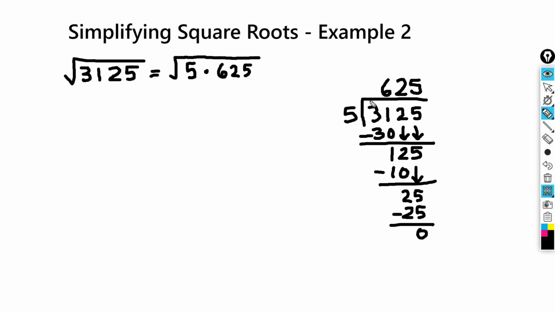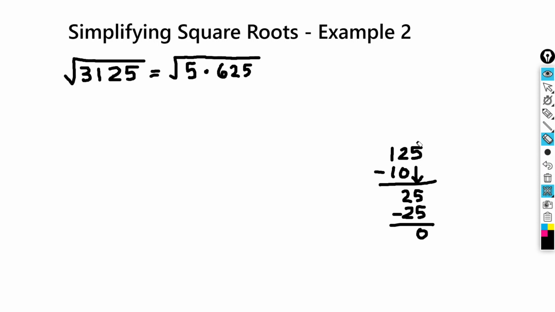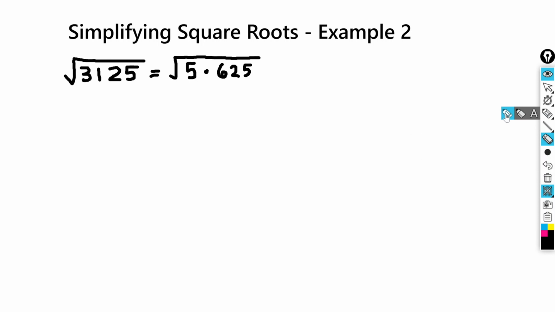Okay, so let's keep going. Let's pretend we didn't know the square root of 625 was 25. So how would we figure this out? I'm going to make room here by getting rid of all this stuff. Well, 625 is divisible by 5. So we'll do 625 divided by 5.